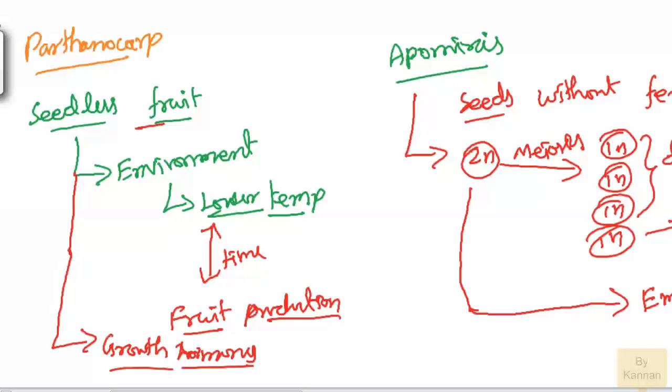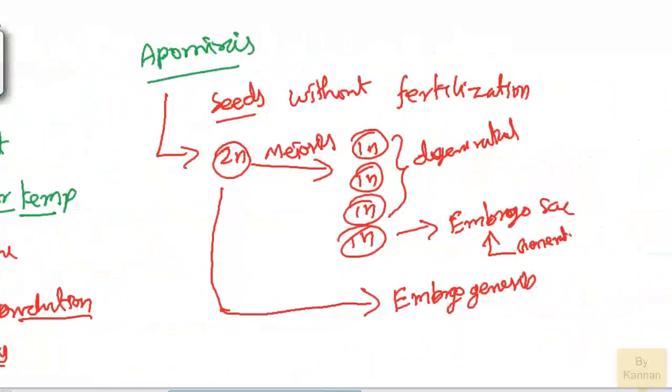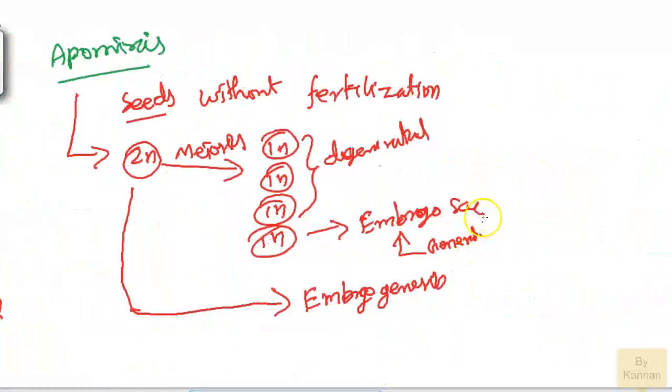Only after the union with the generative cells does it give embryos through the embryogenesis process.